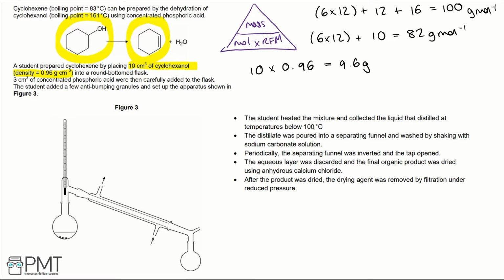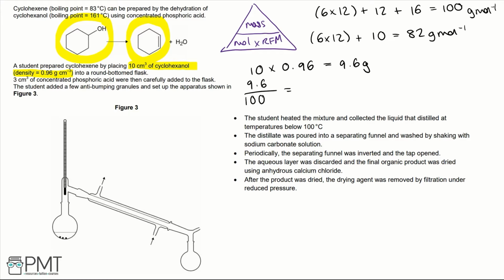Next, we're going to work out the moles of cyclohexanol, and that's because we've got a 1-to-1 molar ratio, so the moles of cyclohexanol will also be the maximum moles of cyclohexene, so we can use these moles to work out the maximum mass of cyclohexene. So, working out the moles, that's going to be 9.6 divided by 100, which is the relative formula mass of cyclohexanol.